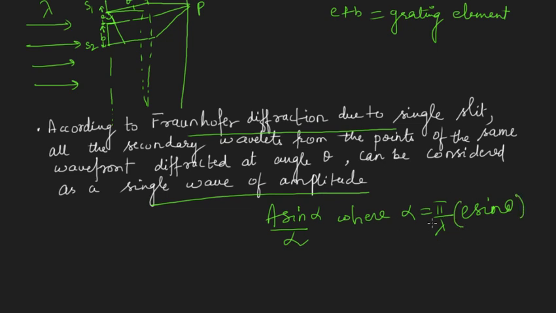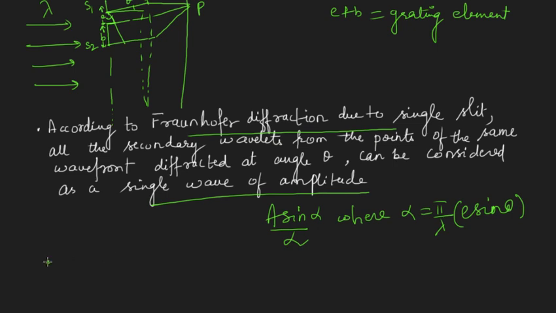So then I have defined my phase difference phi by 2 as alpha. So from the single slit, all the waves combine. There is an infinite number of waves, and they all combine to give me the equivalent of a single wave of amplitude A sine alpha by alpha.